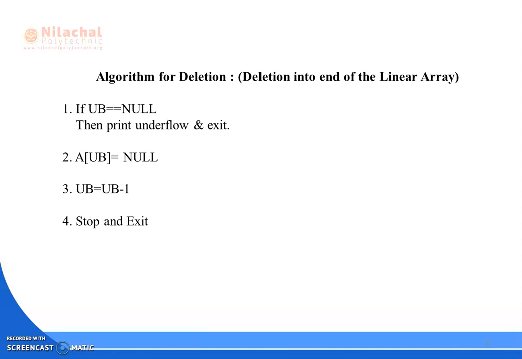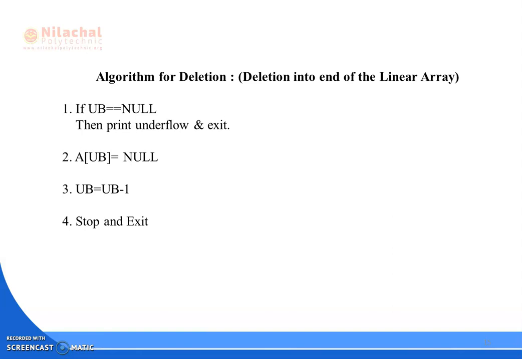I want to delete the element at the a of 3 position. So what I have to do is assign null to a of upper bound, that is the a of 3 position. Now our work is done, that is the deletion at the end position, or deletion at the a of 3 position, is done.